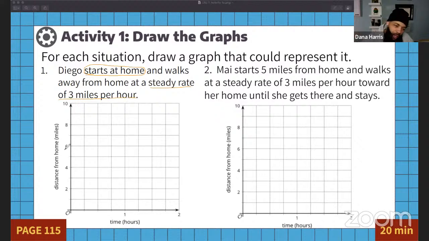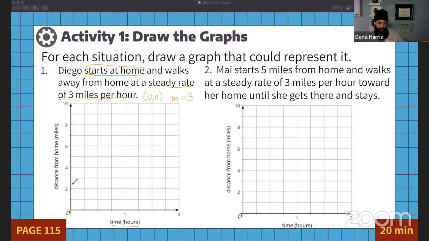Notice on the y-axis, we have the distance from home. If he starts at home, his distance from home is 0. And this is the time in hours. 3 miles per hour is telling me two things. It's telling me we have a y-intercept of (0, 0), and it's also telling me we have a slope of 3 miles an hour. So if I start at (0, 0), how can I show 3 miles per hour?